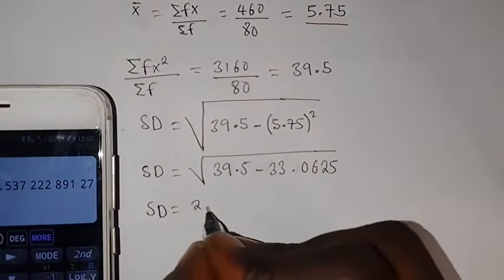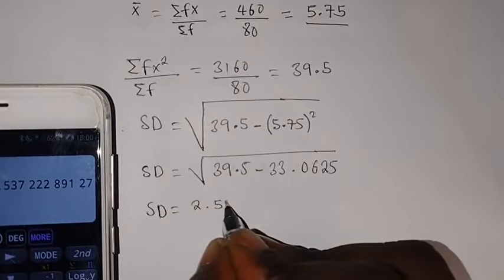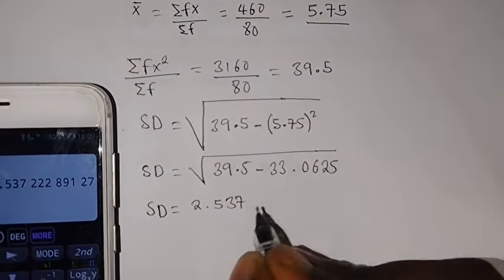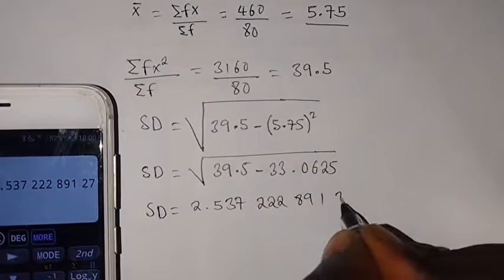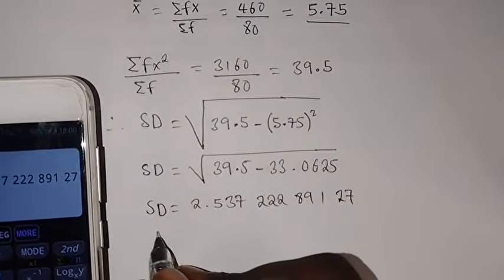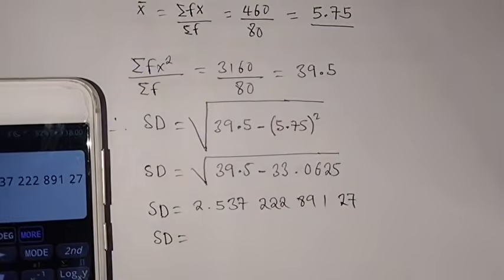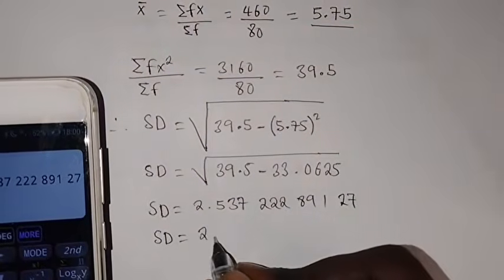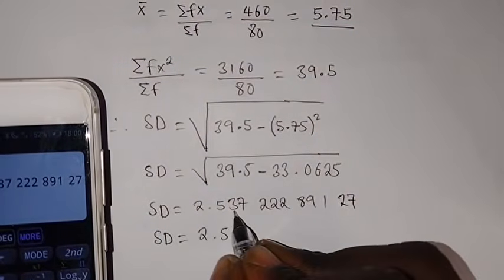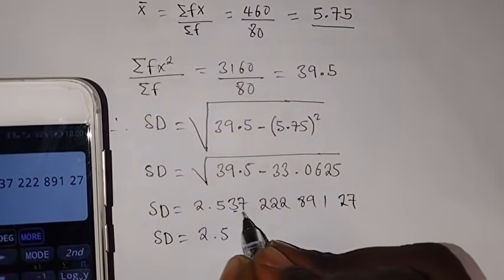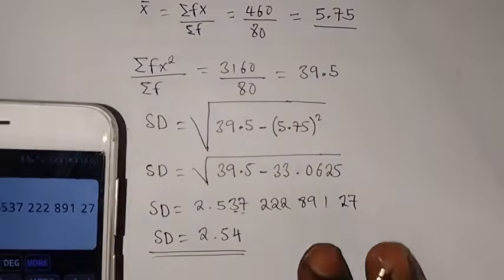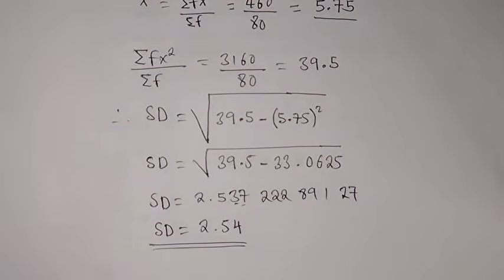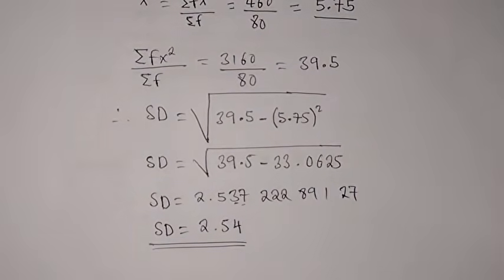So we get 2.53722289127. So we can leave our answer correct to 3 significant figures. So we are going to have 2.53. The 7 will round it off, so it will be a 4. So this is our standard deviation. Okay, then you get the 6 marks. So we have answered our question A.